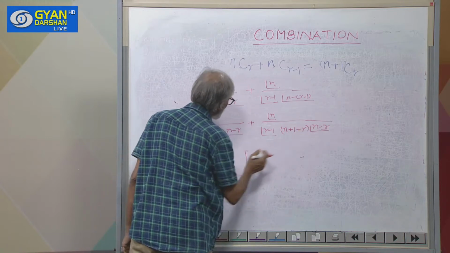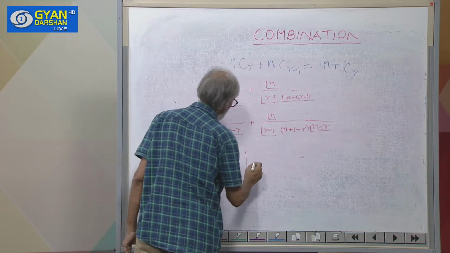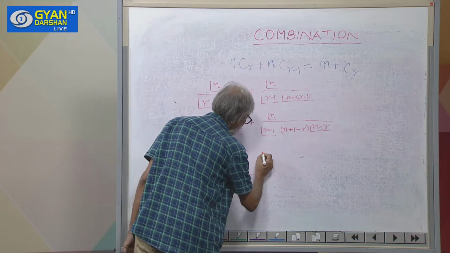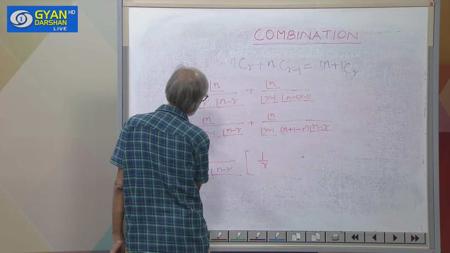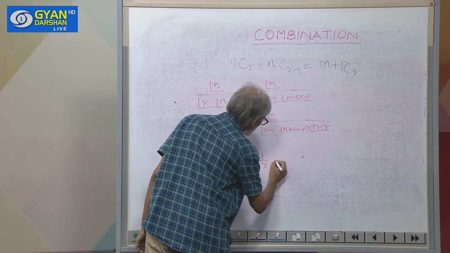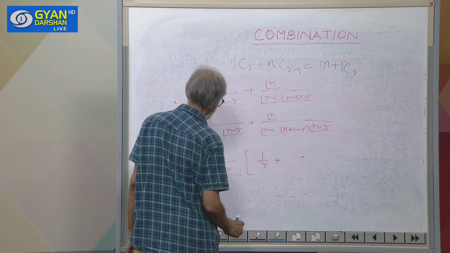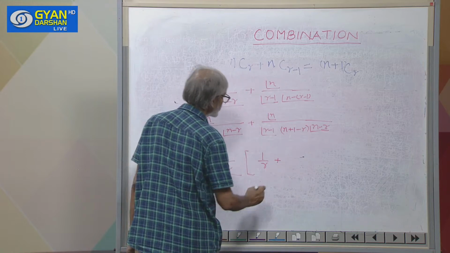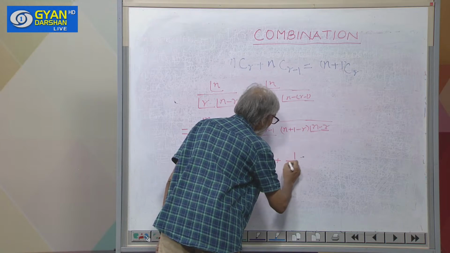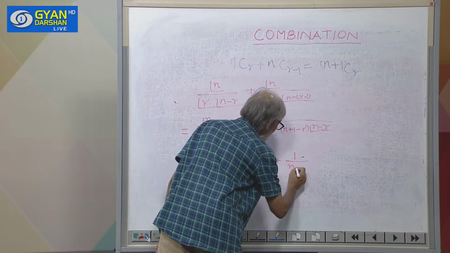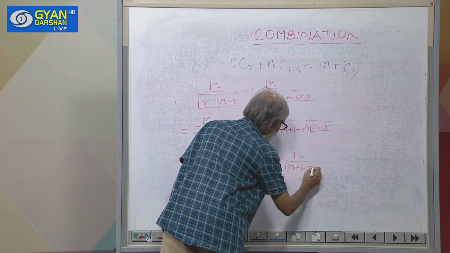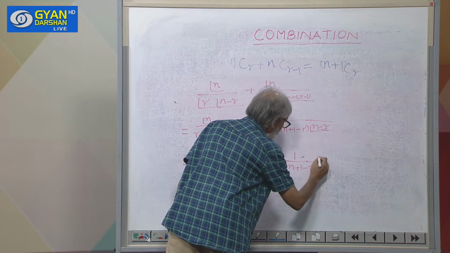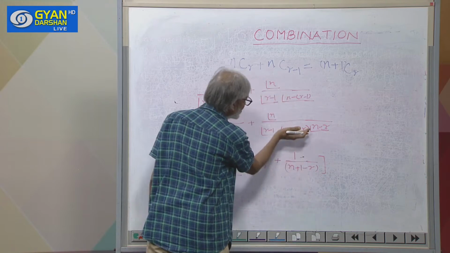Here also factorial n minus r is there, here also it is there. So, this will become 1 by r, because r will remain here. So, 1 by r plus 1 by n plus 1 minus r. This is the term remaining.